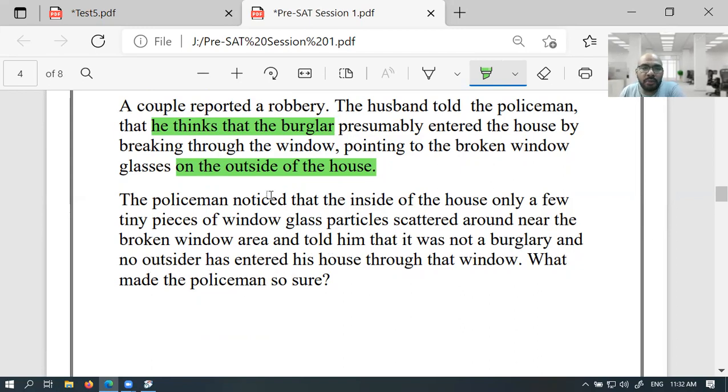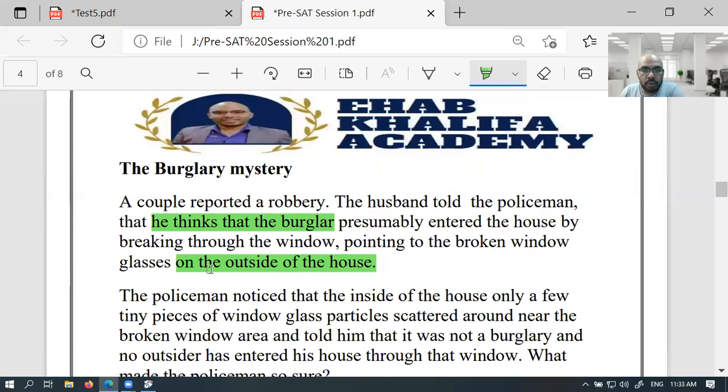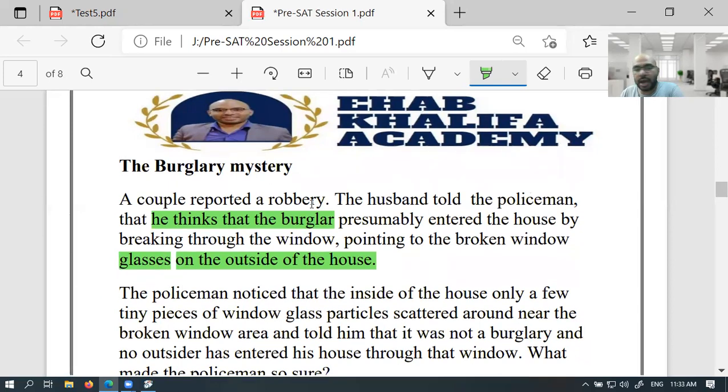How did he know? From this clue: the glass on the outside. So it was broken from inside. Someone in the house did that, broke the window. So no stranger broke into the house, of course, because the glass was on the outside of the house.